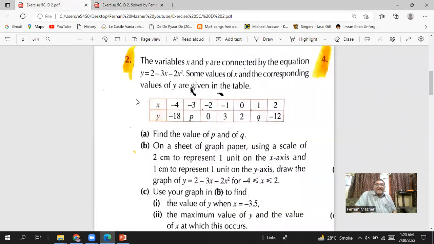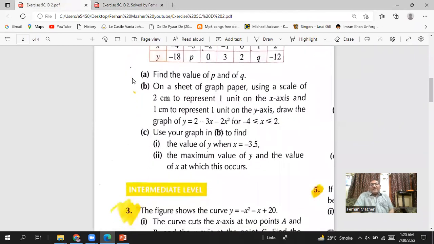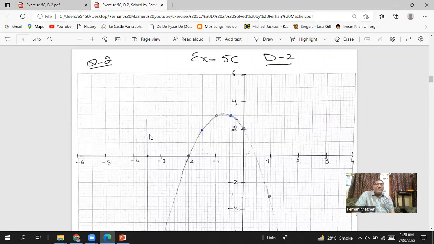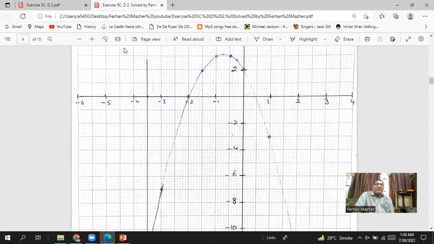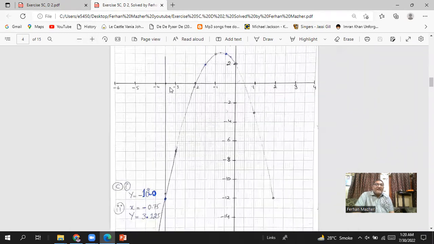Okay, so the next thing they are asking, we have drawn that graph. Use your graph in the B part to find the value of y when x equals -3.5. You can see I have drawn this blue line. It is passing through x equals -3.5.